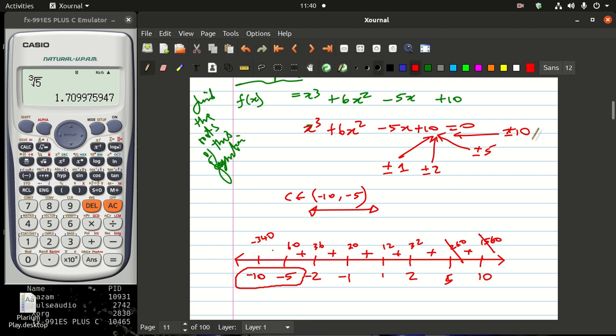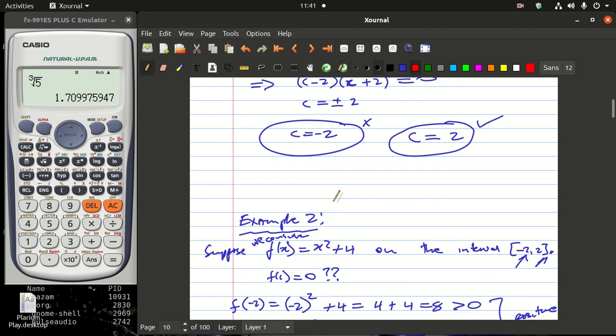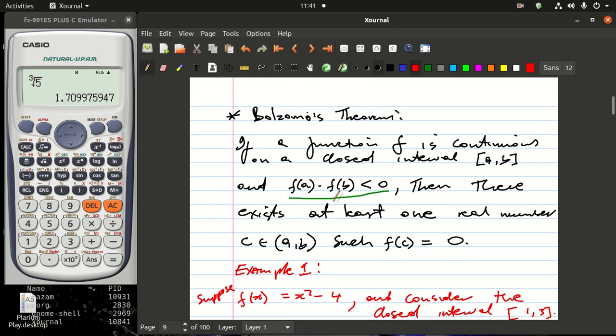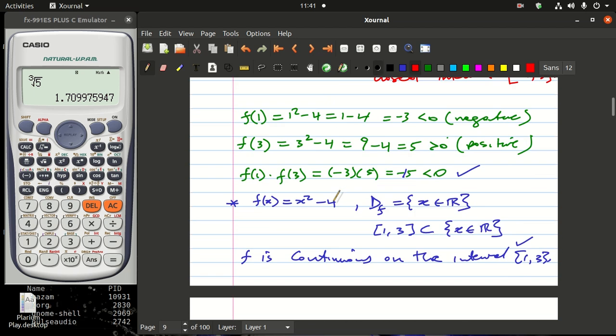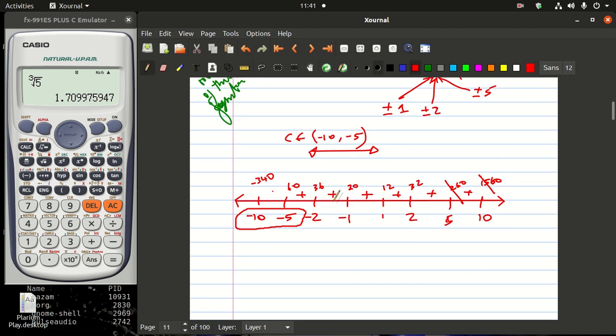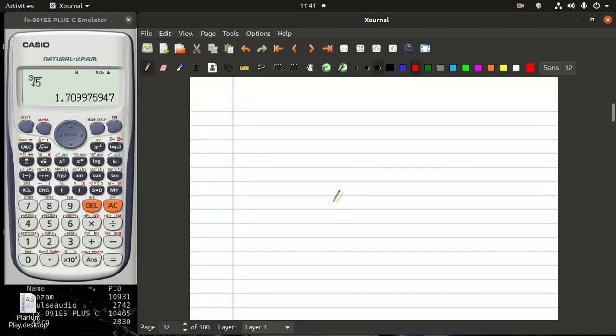But if you first look at these factors and then you truncate the interval to be this small, the computer is going to take less time to find that value between these two points. That's what it's all about with Bolzano's theorem and also the intermediate value theorem. That's what is important and what you need to know about this.